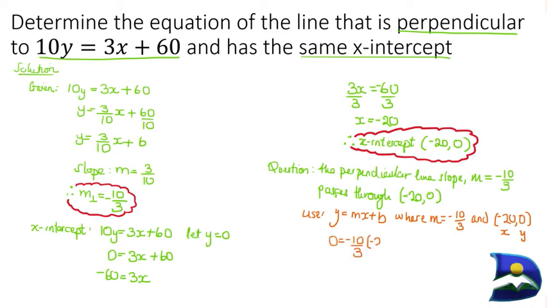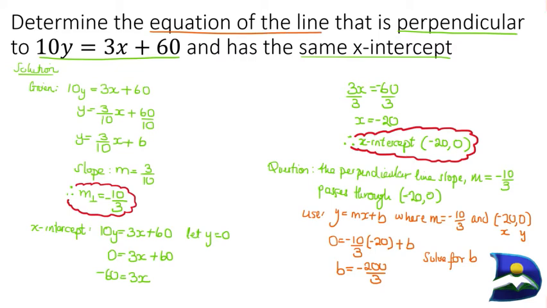So therefore, once we re-express that, we'll solve for b, and we will have b equal to -200/3. So this is pretty much the equation of the line.